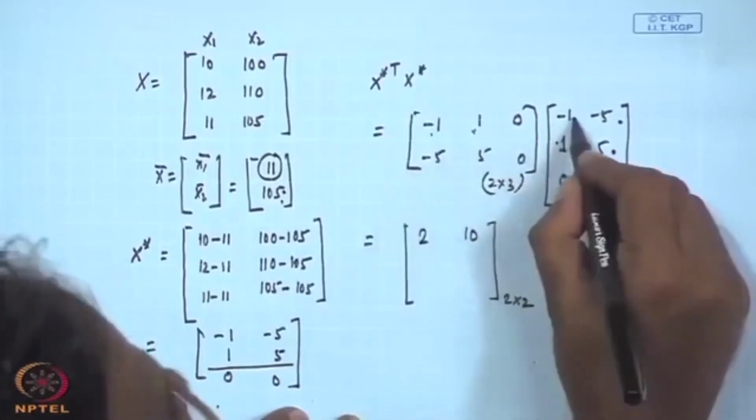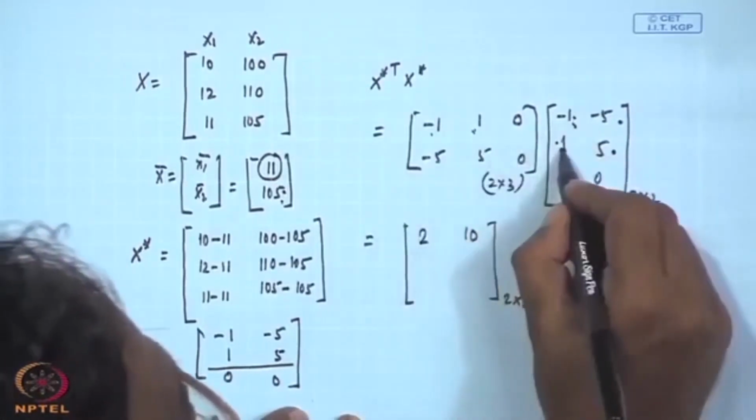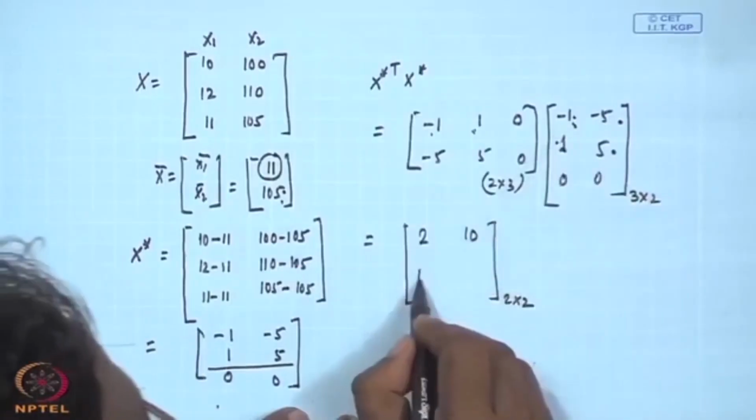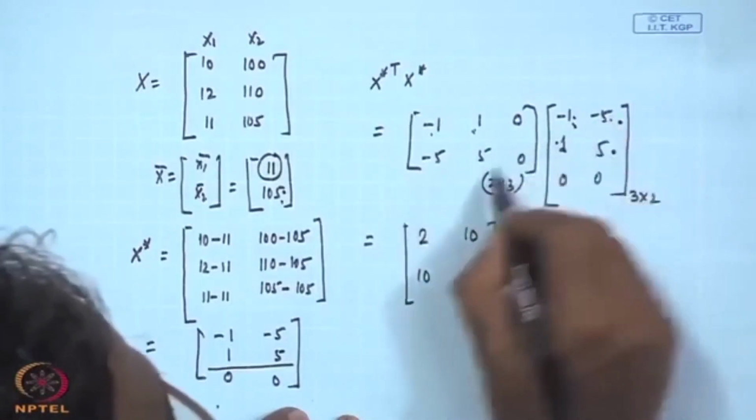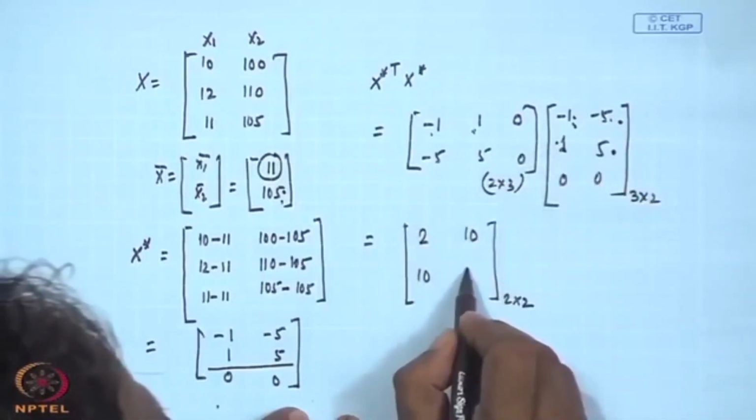Similarly the third is 10, and the last is 25 plus 25, that is 50.